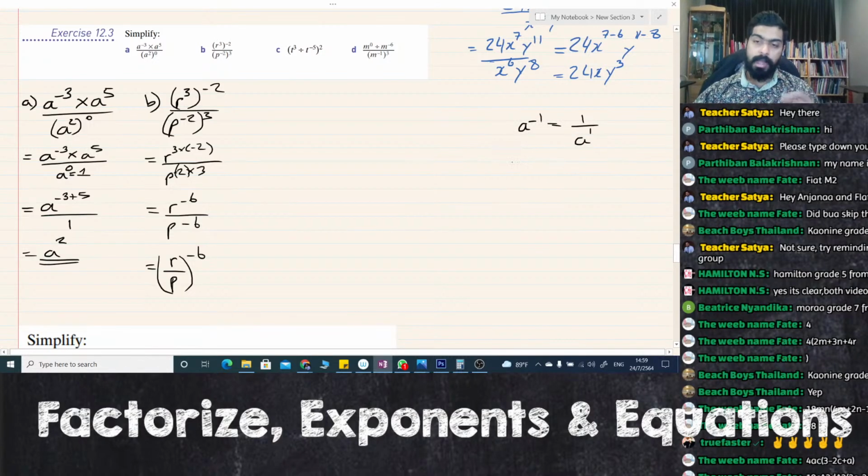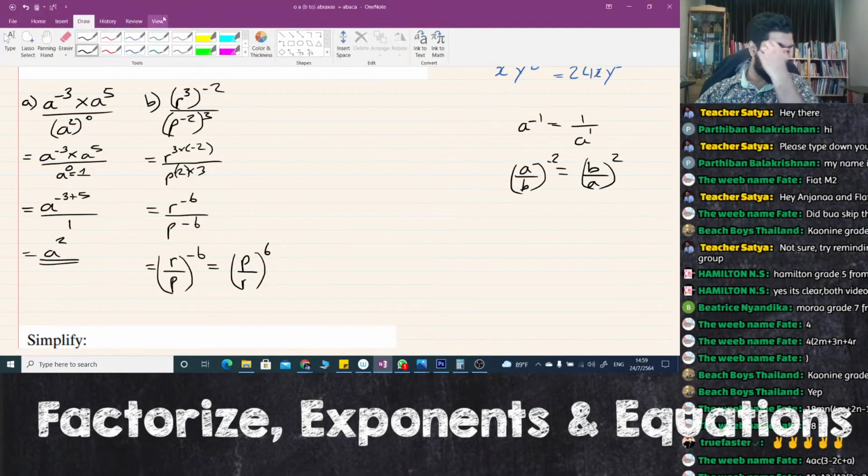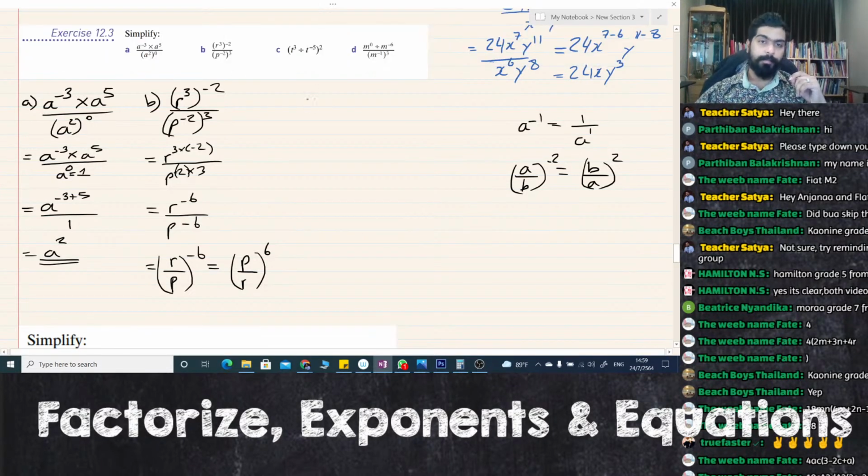Or in other words, if we have a over b to the power of negative 2, this is the same as b over a to the power of 2. So in this one, we'll try to write the final answer with a positive exponent. We would have p over r to the power of 6, and that would be our final answer. We try to avoid writing our final answer with negative exponents, all right?